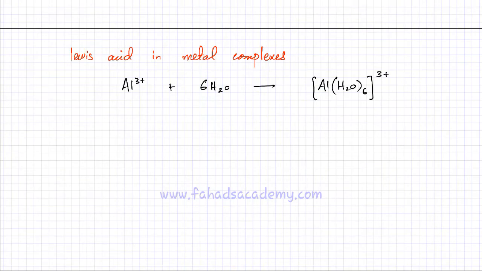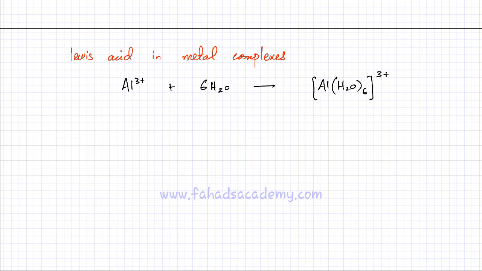Now, one thing that we discussed was that the definition of Lewis acid broadens, and it includes a number of reactions that could now be classified as acid-base reactions that were previously, using the Bronsted-Lowry definition, not classified as acid-base reactions.